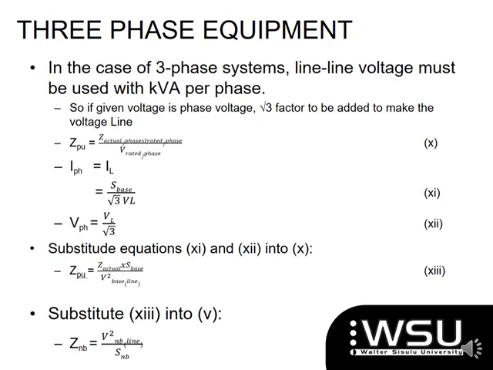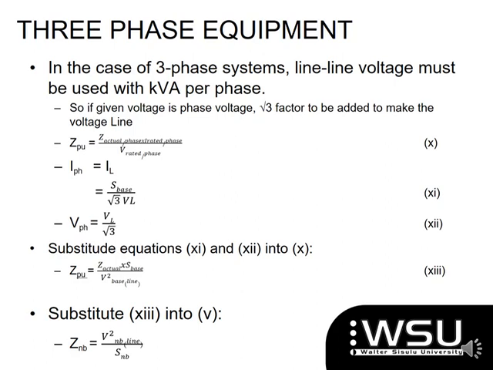So we know then we're going to have your Z per unit, which, coming from the previous slides, is Z actual times my I rated over V rated. And if my I phase is the same as my line current, then it can become my S base and I divide by that root 3 VL.